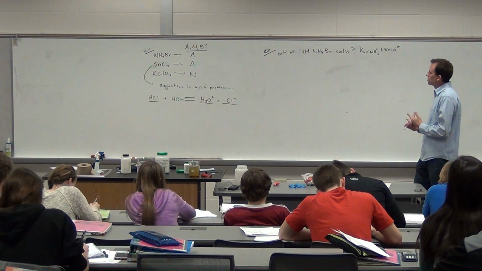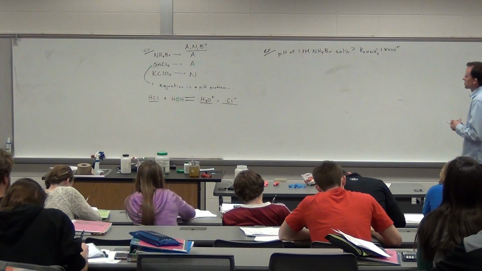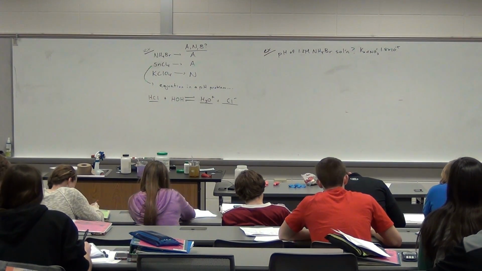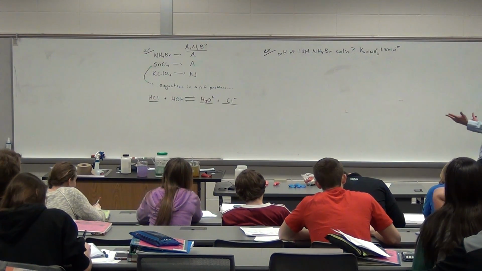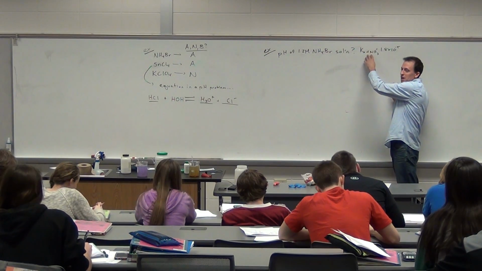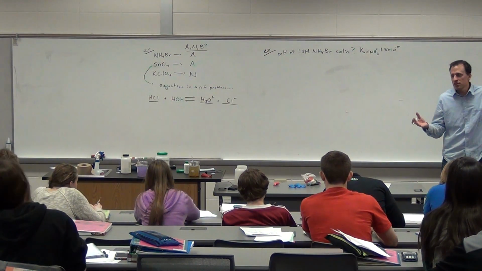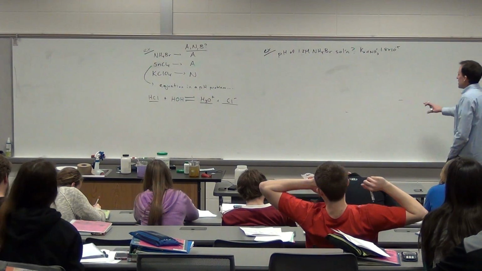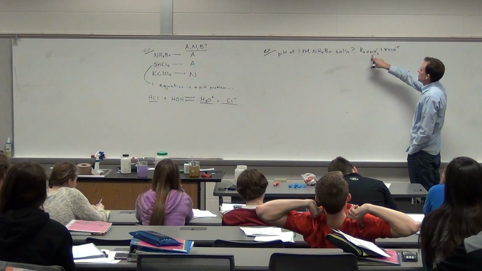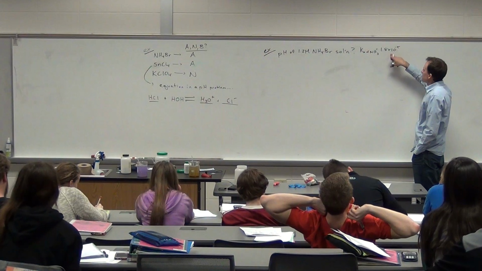So what's the pH of a 1.2 molar ammonium bromide solution? And then on the right, sometimes it won't tell you this. Maybe there's a list on the test. That's harder. If it's actually listed within the problem, at least you don't have to be trying to figure out what the heck I need. So it gives you the Kb. Now you can't get confused by that necessarily. It just says Kb of ammonia equals 1.8 times 10 to the negative fifth.